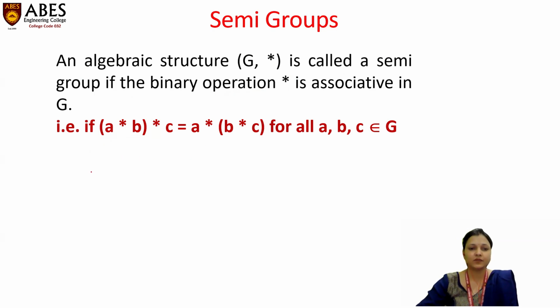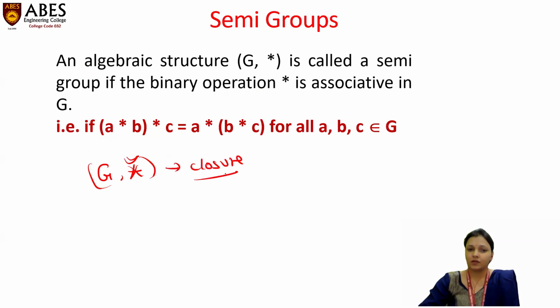So, what is an algebraic structure? As I explained in the previous lecture, an algebraic structure is simply a set equipped with a binary operation which follows the closure property. And when an algebraic structure follows the associative property, then it is a semigroup.